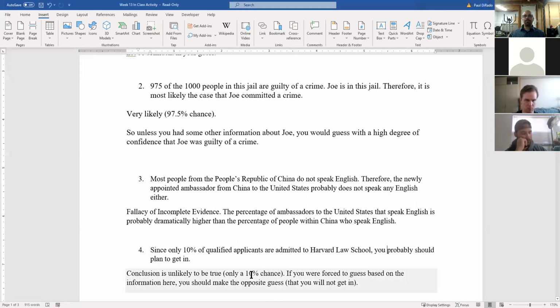They only have a 10% chance of getting in, so the rational thing to guess would be that they're not going to get in, not that they will. Whereas in this case, the problem is a little bit different. The problem here is that the statistical information just isn't applicable to the ambassador. Here, the statistic is applicable, but the wrong lesson is being drawn.